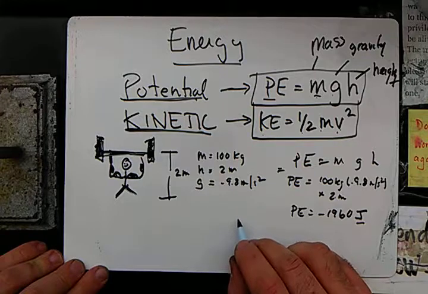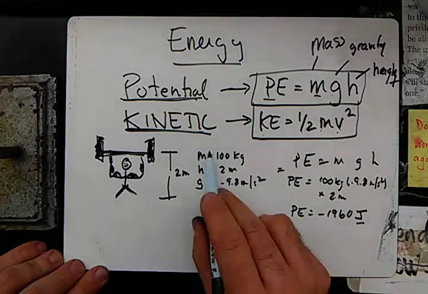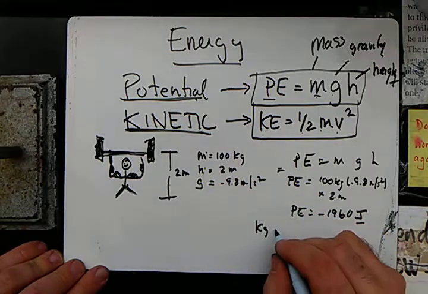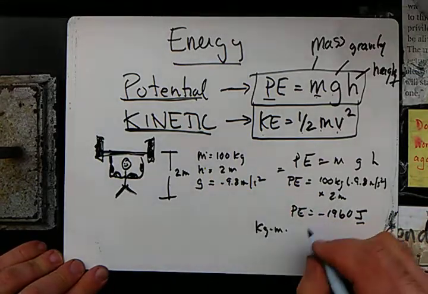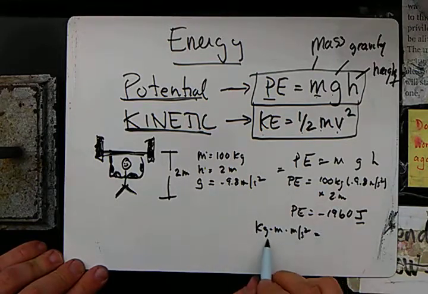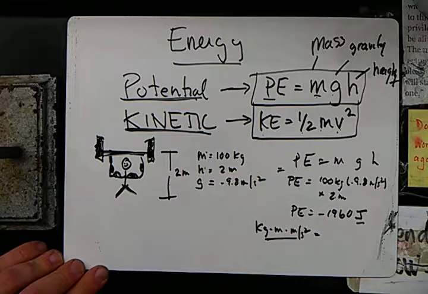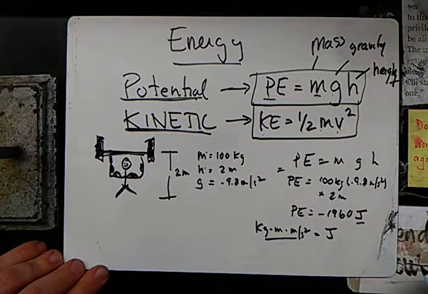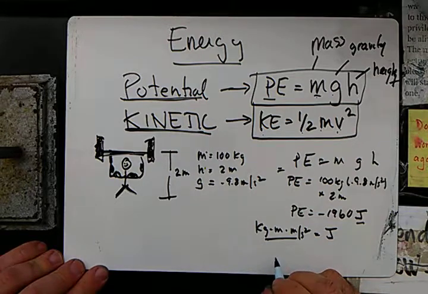Going through the units of mgh: mass is kilograms, height is meters, gravity is meters per second squared. Rather than call it this, we're going to call it a joule. Much easier to write.